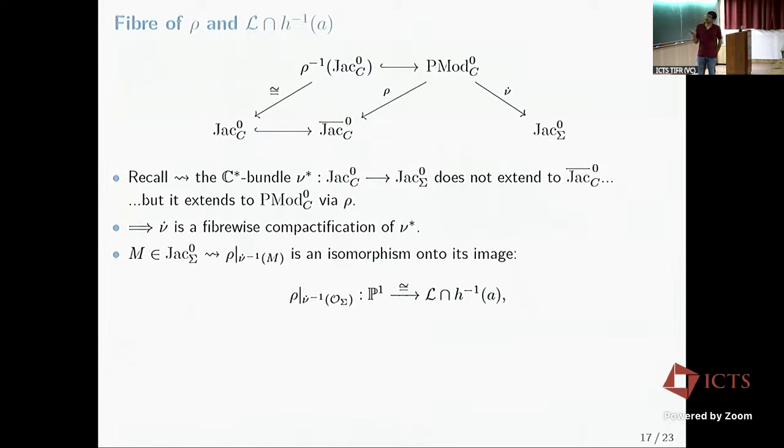Moreover, if you restrict this map here, this singularization, onto a fiber of nu dot, this gives you an isomorphism onto its image. That's what I was saying. Okay. And so that's how we see the intersection of our Lagrangians with the fiber as a P1.